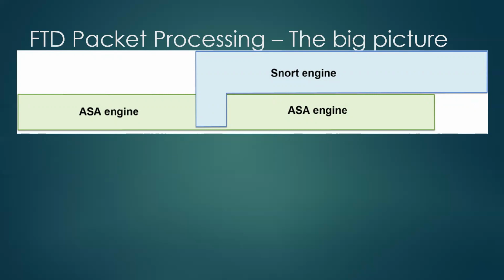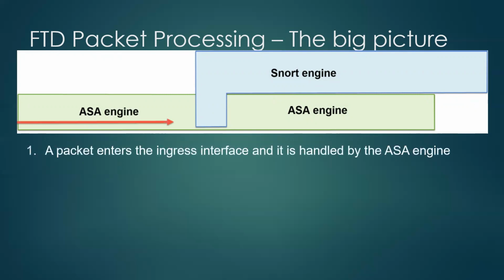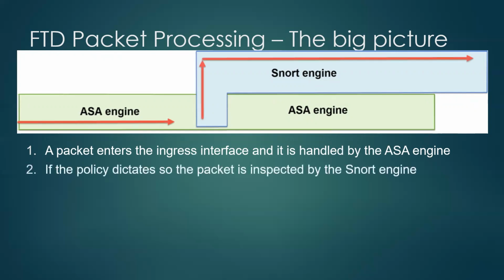And the other portion that it has is the Snort IPS engine, or Snort engine. With respect to the Snort engine, it can do advanced level of inspection. That means it can do above L3 or L4 level of inspection, application level inspection and all.